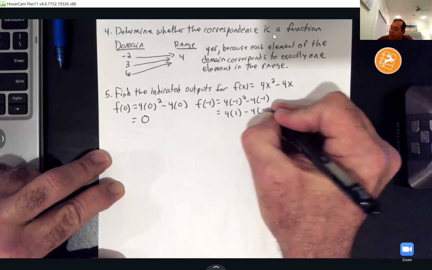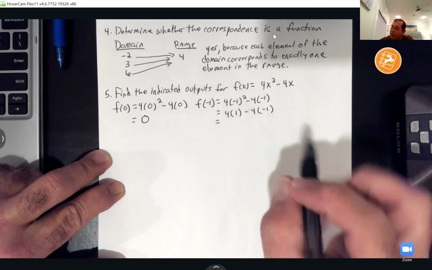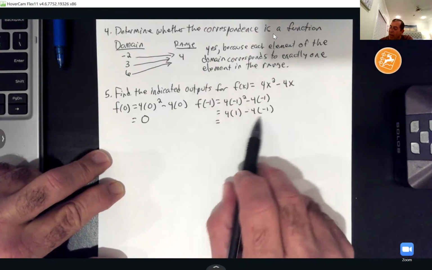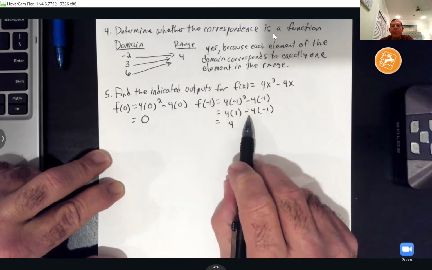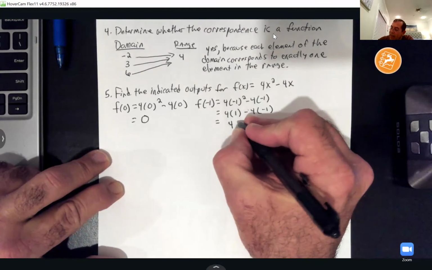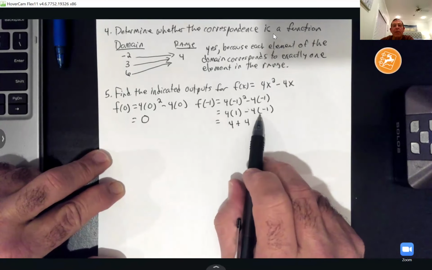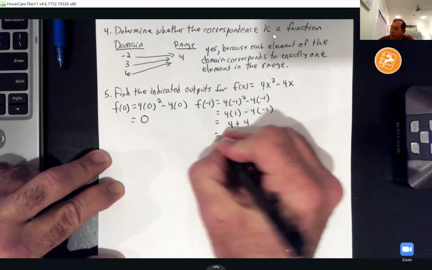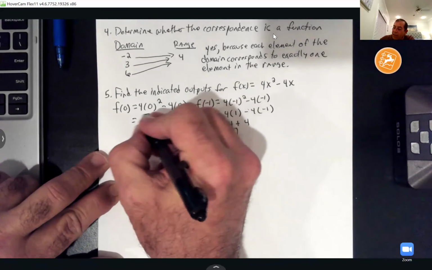And I'm just bringing everything else down. So I just did my exponent on that step. Now I'm going to multiply. 4 times 1 is 4. Now look here. Minus 4 times -1. That's like adding a 4. So these two negatives make a positive. And then 4 plus 4 gives us 8.